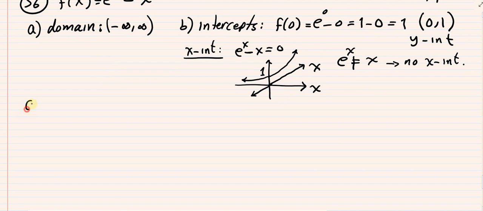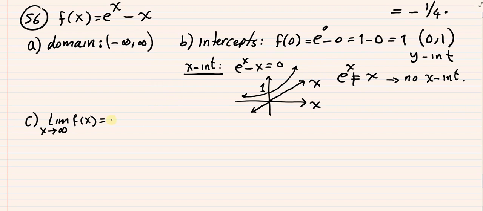Let's take a look at extreme behavior next. Let's take a look at the limit as x goes to infinity. How is this function going to behave? That's the limit of e to the x minus x as x goes to infinity. Now, this is in indeterminate form, infinity minus infinity. Because the exponential function supersedes the linear function, we're going to say the limit is infinity.